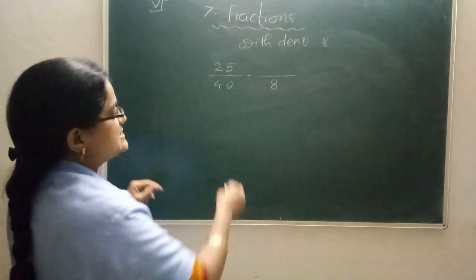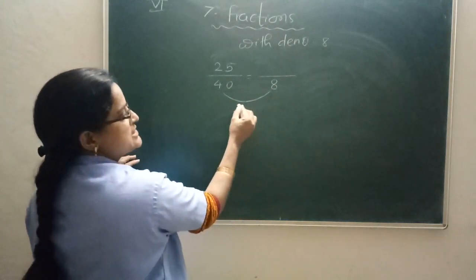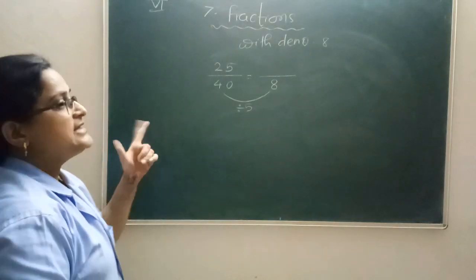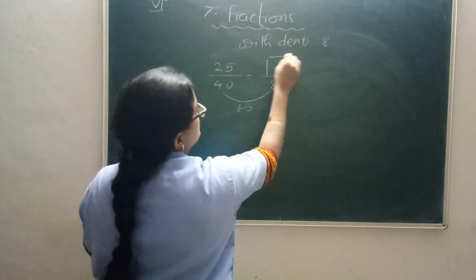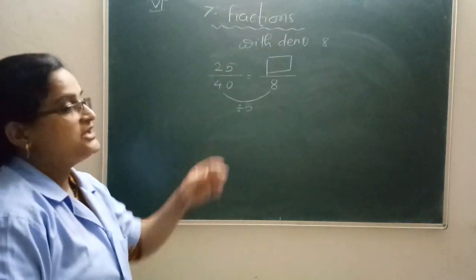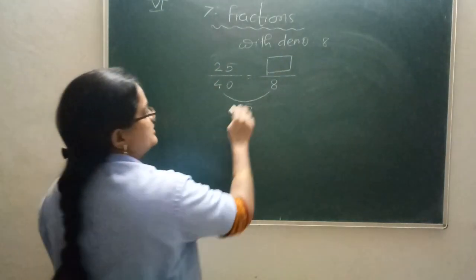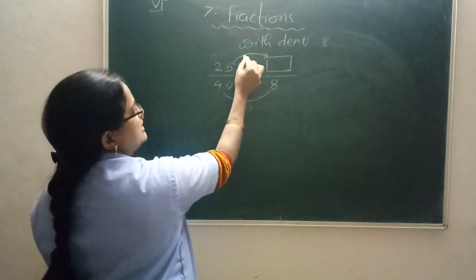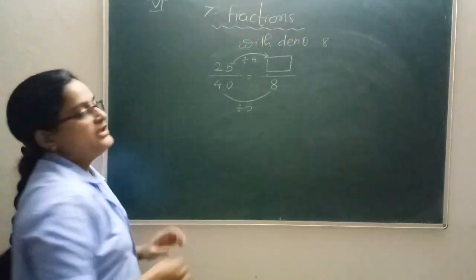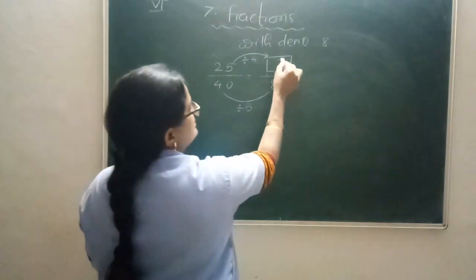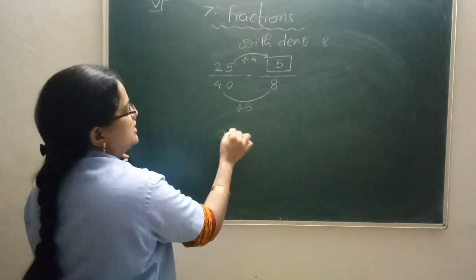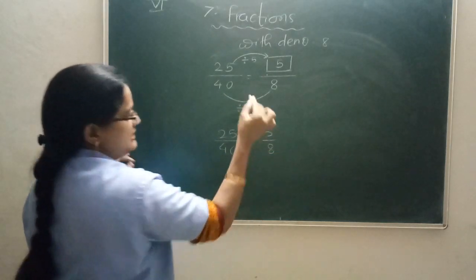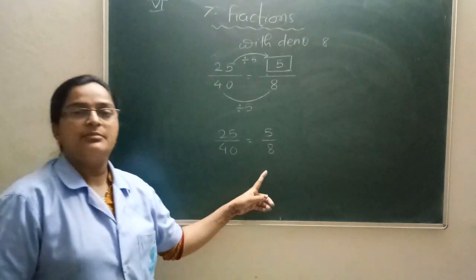And so what is the relation between these two denominators? 40 divided by 5 is 8. The same relation I have to establish in the numerators also. So here 25 divided by 5 will be 5, correct? And so the fraction equivalent to 25 upon 40 with denominator 8 will be 5 upon 8.